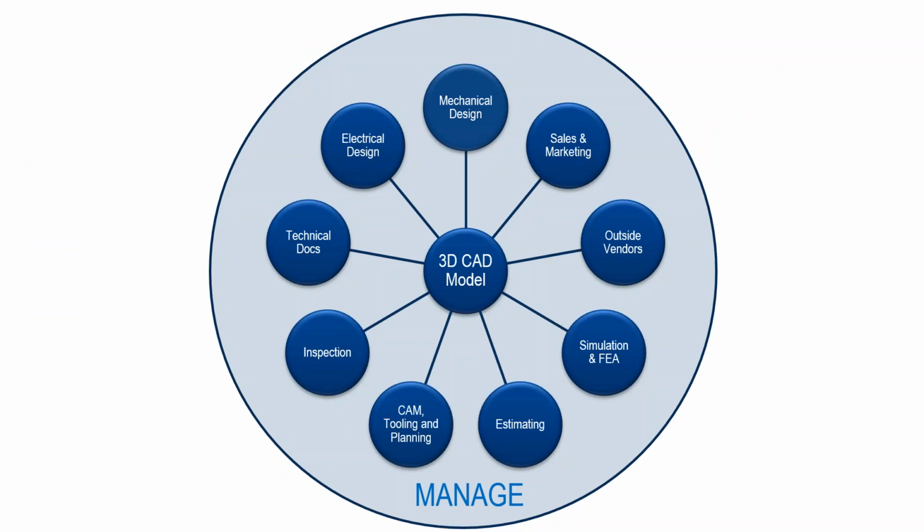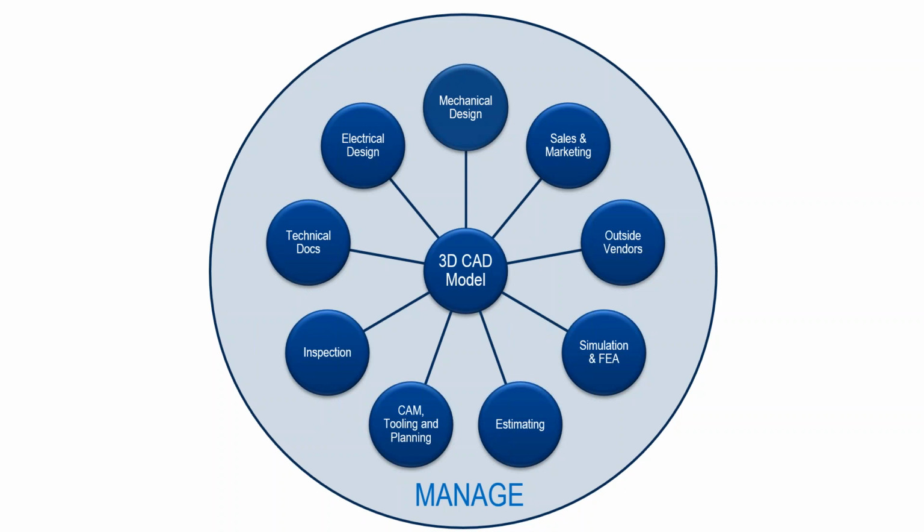What is a 3D CAD model centric process? Well, there are a lot of different tasks that you do. There's mechanical design, electrical, people who build technical documentation like shop floor documentation, user guides, field service manuals. There are people who do inspection, CAM programming, tooling, mold design tooling, and progressive die tooling, estimating, and specialists in simulation and validation.